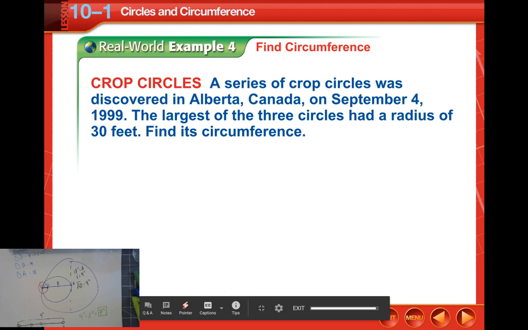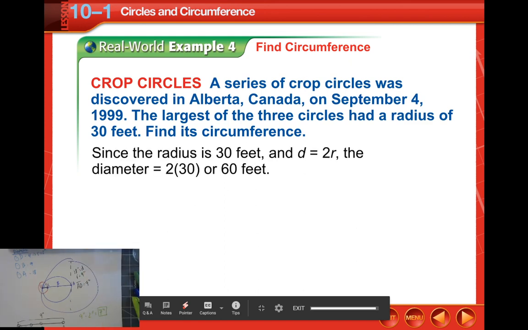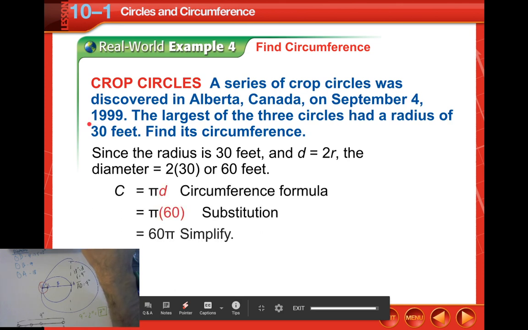The largest of the 3 circles had a radius of 30 feet. Find its circumference. If we're given a radius, we're going to double it. If we're given diameter, we don't have to do anything. In this case, we need to double 30 to get 60, and our answer will be 60 pi.